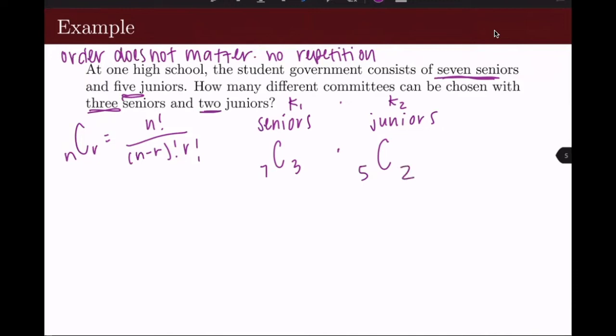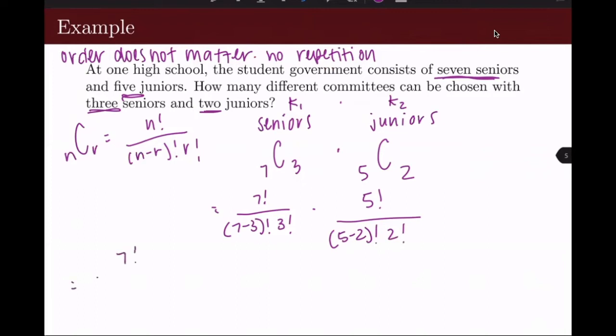So this is going to be 7 factorial divided by 7 minus 3 factorial times 3 factorial, multiplied by 5 factorial divided by 5 minus 2 factorial times 2 factorial. This is going to be equal to 7 factorial divided by 4 factorial times 3 factorial, multiplied by 5 factorial divided by 3 factorial times 2 factorial.